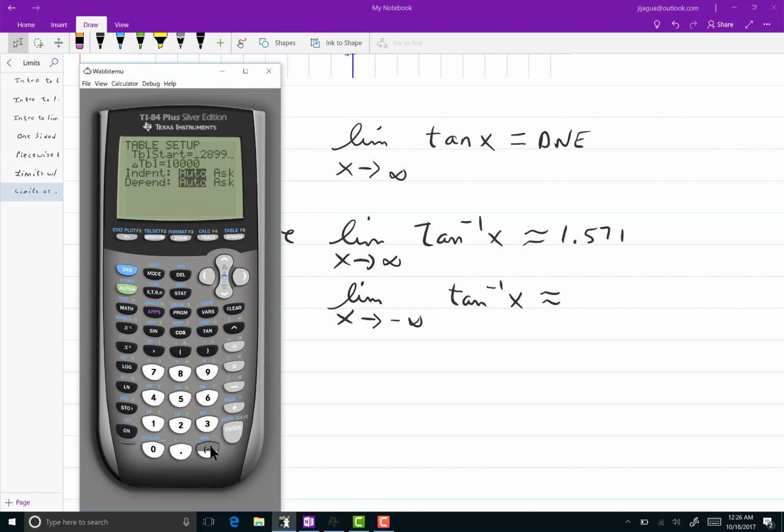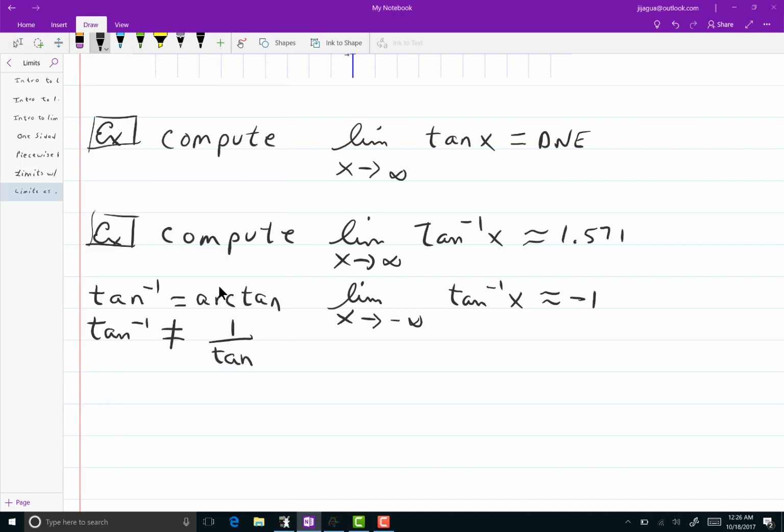That means I will put a negative in front of my huge table start values, and I will change my table increment to also be negative. Let's take a look at the table values. Now, with huge negative values, the y values are all about negative 1.571, which, as I mentioned, tan inverse is an odd function, so this shouldn't have been a surprise.